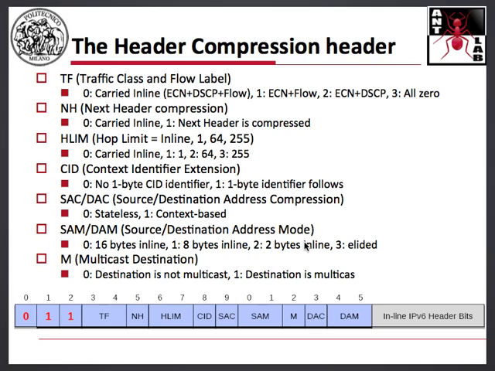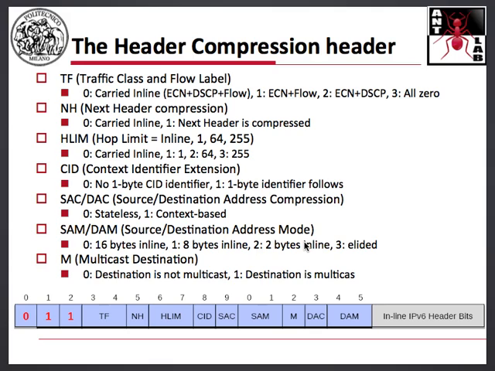Okay. So let's very quickly see how this works field by field. The idea is very simple. The idea is to have in this header compression header a number of fields which correspond to all the fields in the typical IPv6 header. For example, I have a field here called TF, traffic class and flow label, which refers to the traffic class and flow label field of the original IPv6 packet.